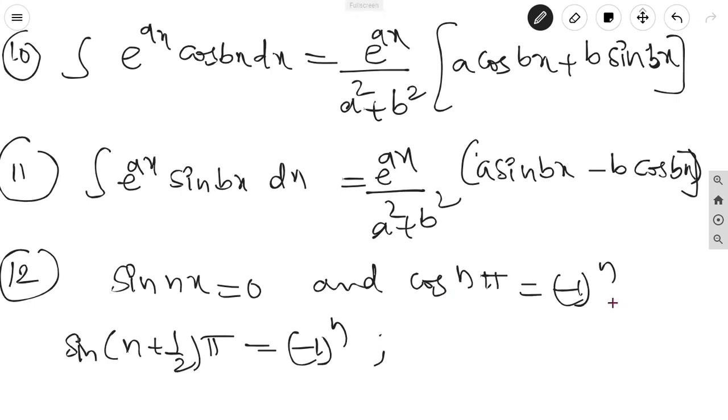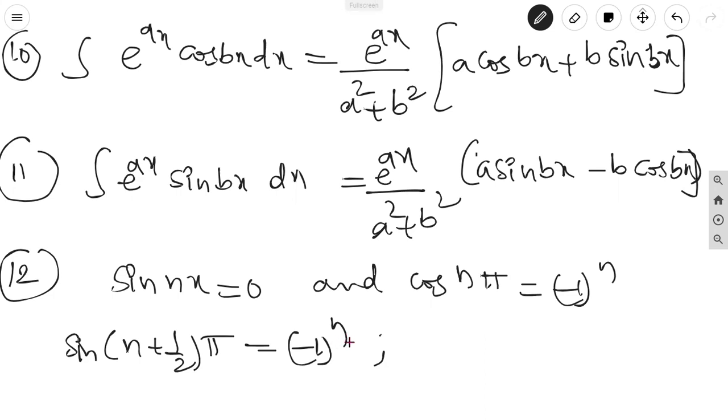Here also cos n pi equal to minus 1 whole power n. Why? Cos 0 equal to plus 1, cos pi equal to minus 1, cos 2 pi equal to plus 1, cos 3 pi equal to minus 1. So 3 means odd, so minus 1. In the third and fourth quadrants the sign is negative, in the others positive.